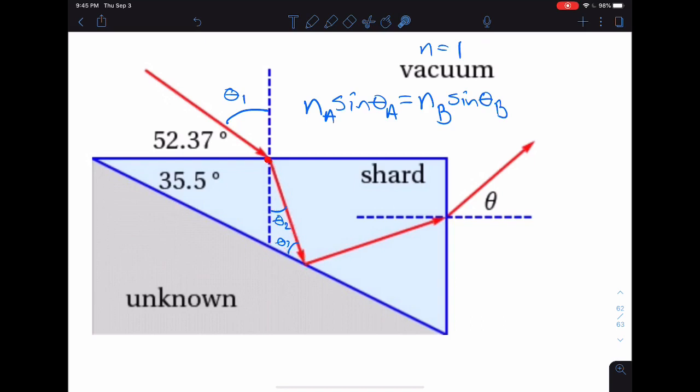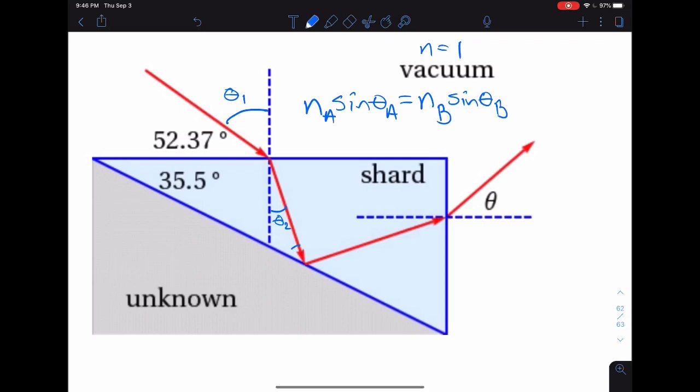And remember that the sum of the angles in a triangle is 180 degrees. So you'll know theta 2, so you just need to figure out this angle right here. Let me make that a little clearer. The angle I'm talking about, you need to find this angle here. I'm going to leave that up to you to figure out how to do this, but it's just geometry, just the geometry of angles. You just need to go through and figure that out.